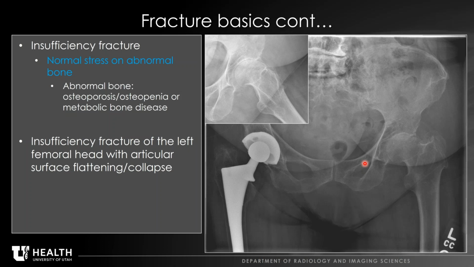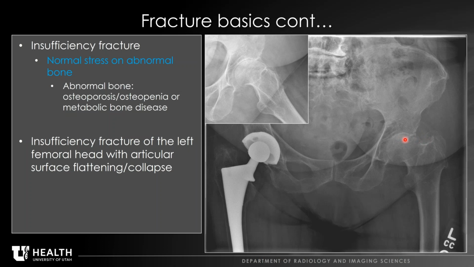So here in this patient, we have an insufficiency fracture of the femoral head. Normally the femoral head should be nice and round, but here we're starting to see it flatten. We see a little bit of subchondral sclerosis.